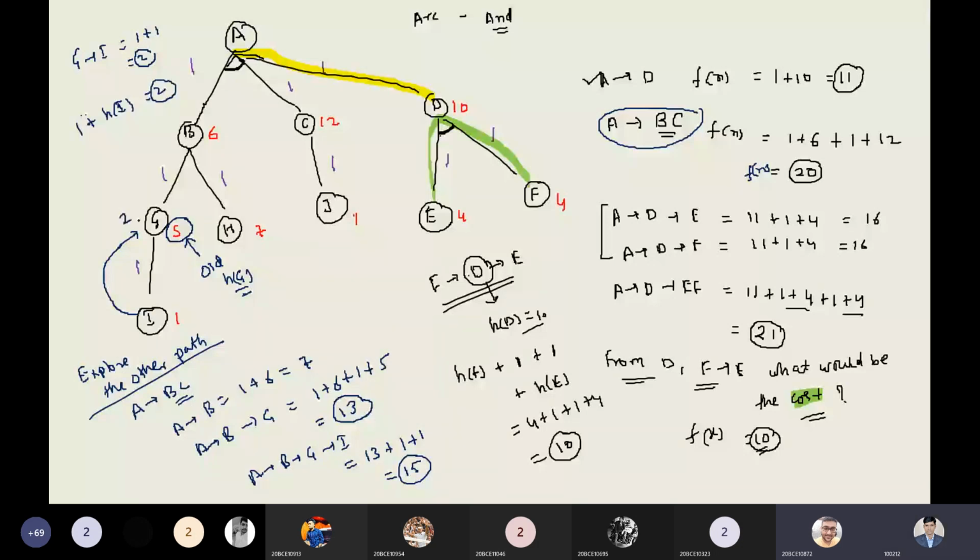So this would be our new heuristic value of G, because G to I you are covering by only 2. So that is the reason. And we can also apply the same here to update by backtracking. So here 2 plus 1, so this would be replaced by the 3. That is the reason we can replace the whole thing.